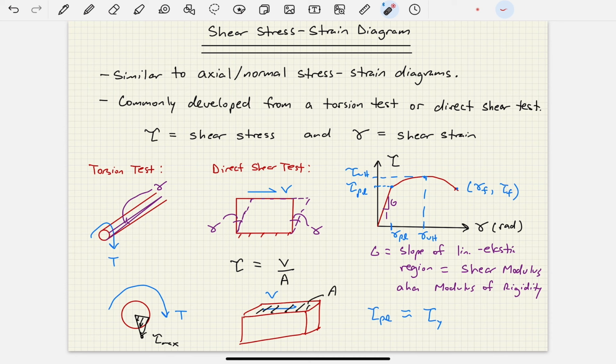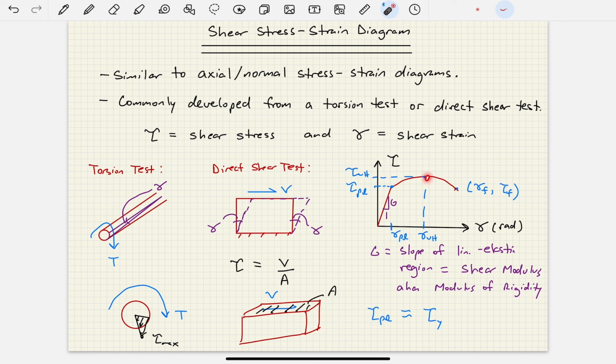The reason is because necking is really a phenomenon that occurs in tensile loading, and it occurs when you have a localized quick decrease in cross-section area. That's not really what's going to physically happen in a torsion test or in a direct shear test, okay? I mean, it could maybe happen with some materials in a direct shear test, but it's not really physically the same as the necking that we think of in a tension test, okay?